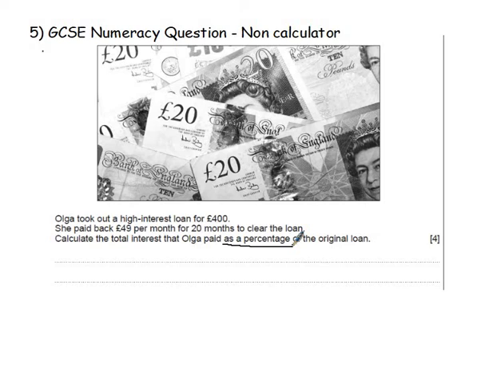So she got £400 from the loan company. She had to pay it back per month for 20 months. So we need to work out how much she actually paid back first. So if it's £49 per month for 20 months, we need to do 49 times 20.